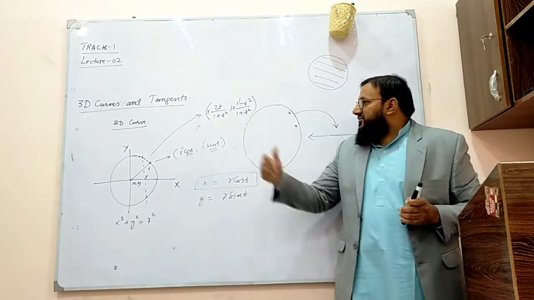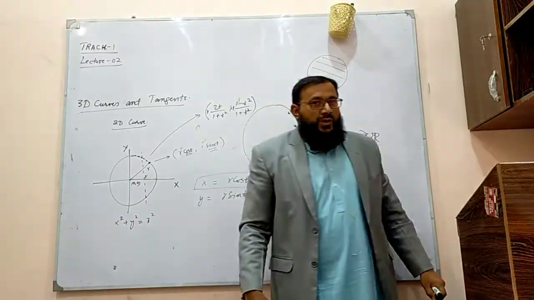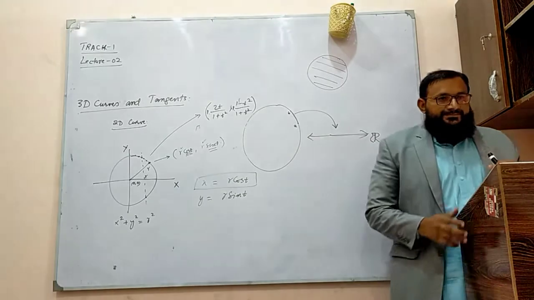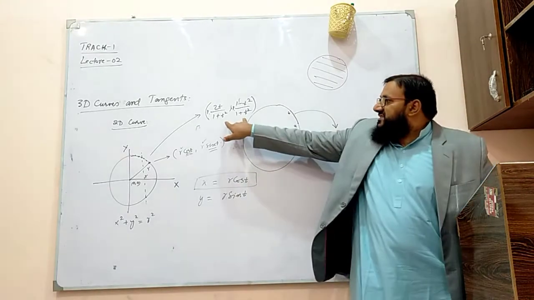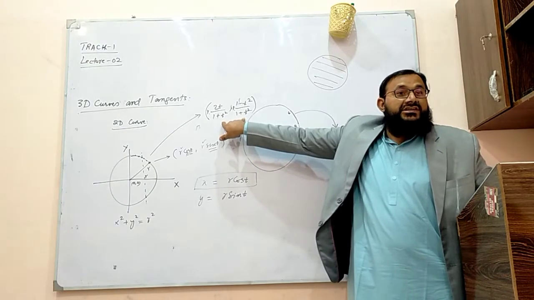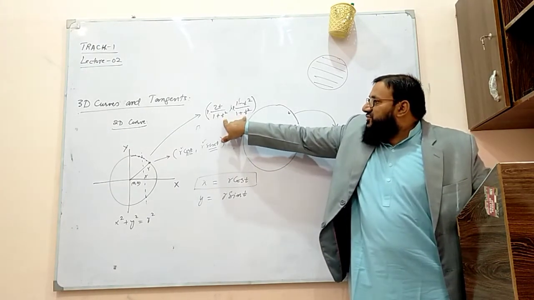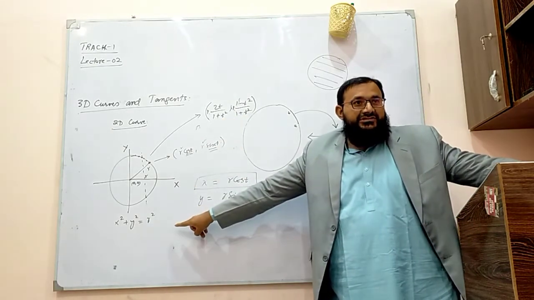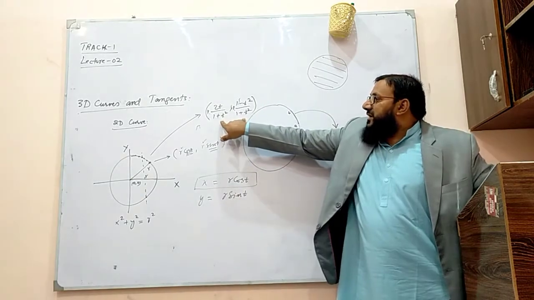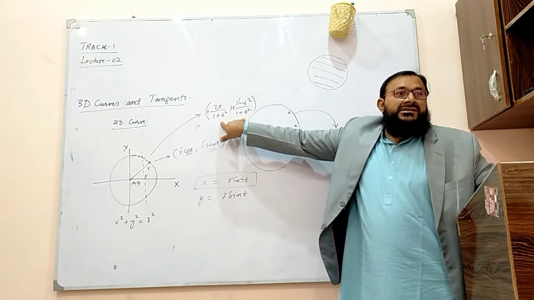Now I ask you, when you put these particular things in this equation, whether you get r square or not. If you get this, do you say this is a right parameterization of the circle? The answer is yes, because when these two components satisfy that equation, we call this a parameterization of the circle, depending upon the parameter t.